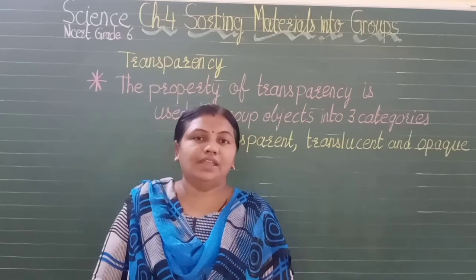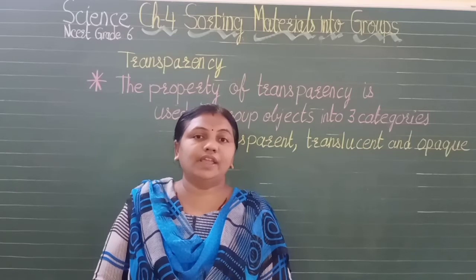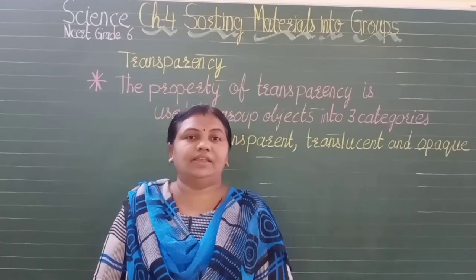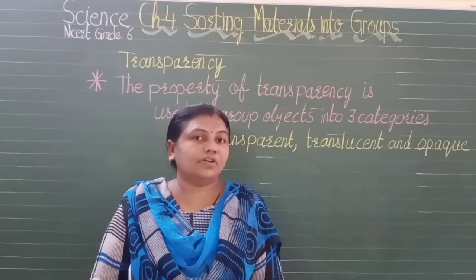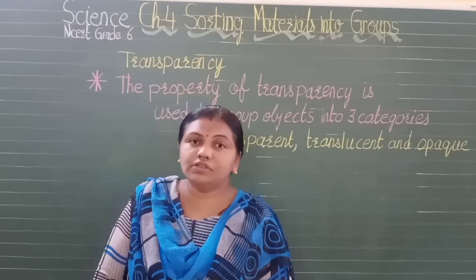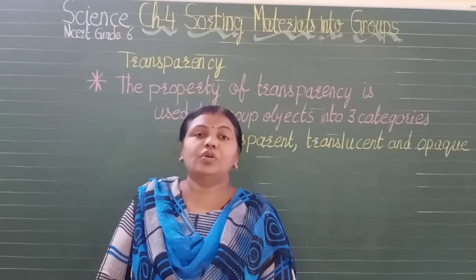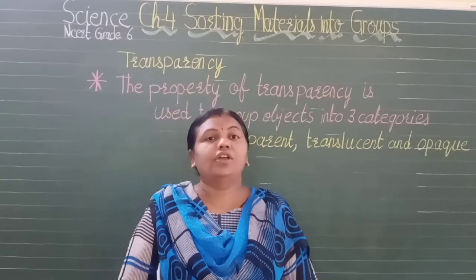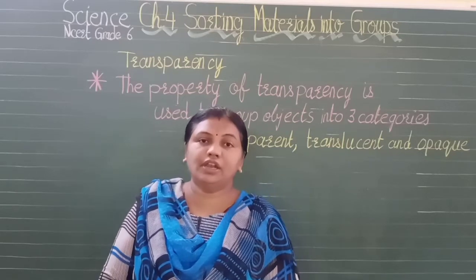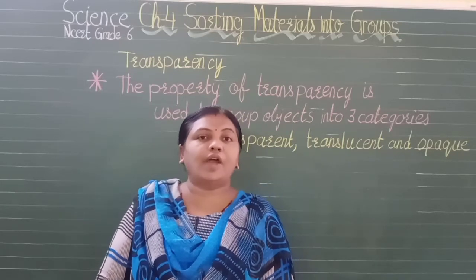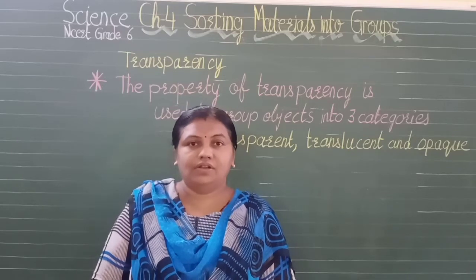And a very well known example is air. Think if air were not transparent, then we could not see each other. Due to transparency only, we can see each and everything in nature.